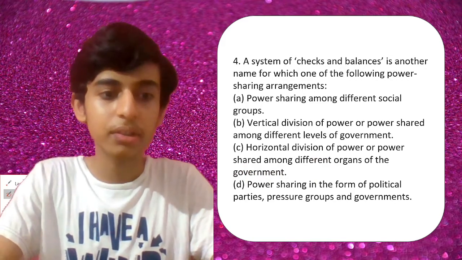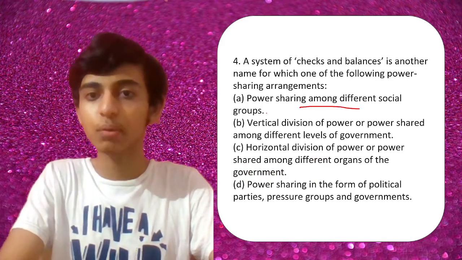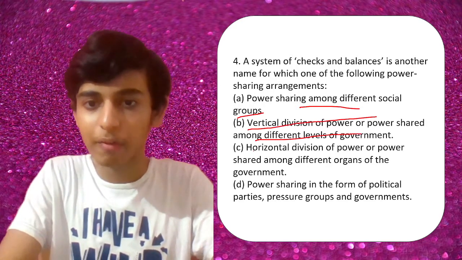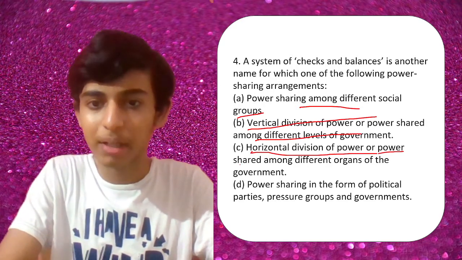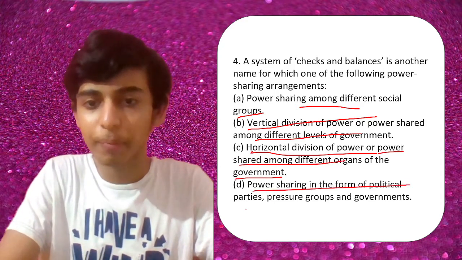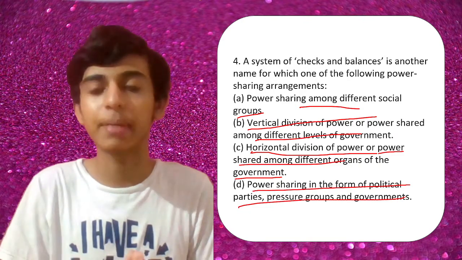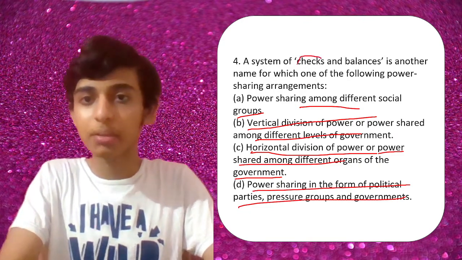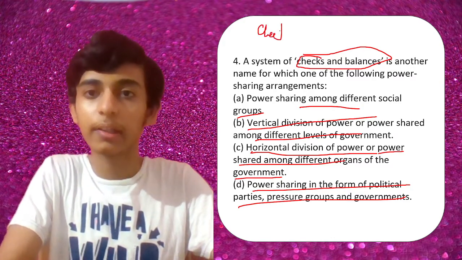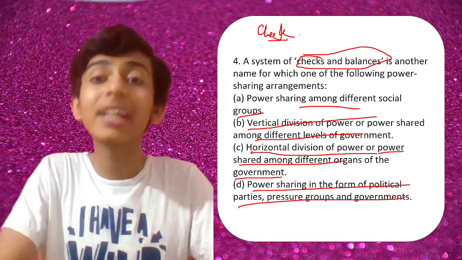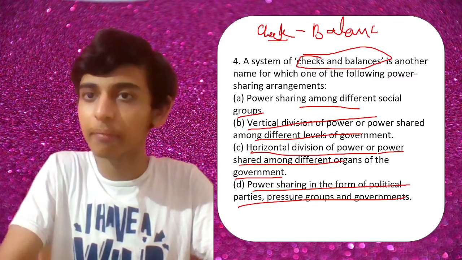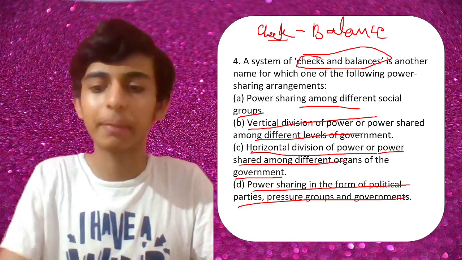Do you think it is going to be among different social groups, or vertical division among different levels of government, horizontal division of power shared among different organs of government, or power shared in form of political parties, pressure groups and movements? System of checks and balances. A hint I am giving you is that each organ can check the other, right? And because of this check, a balance is going to be definitely maintained. So what do you think?